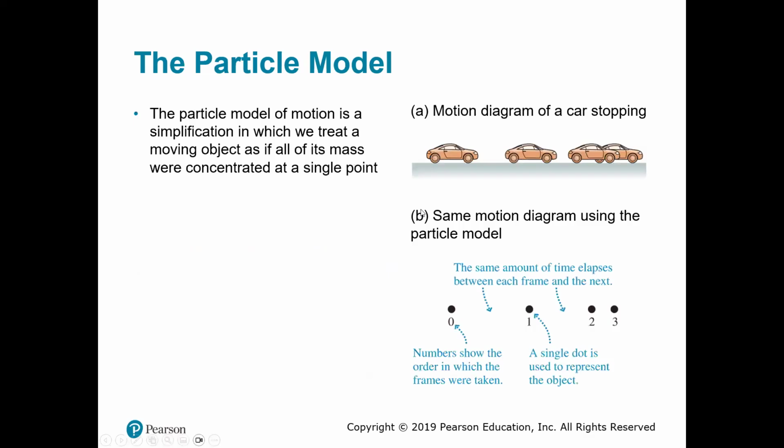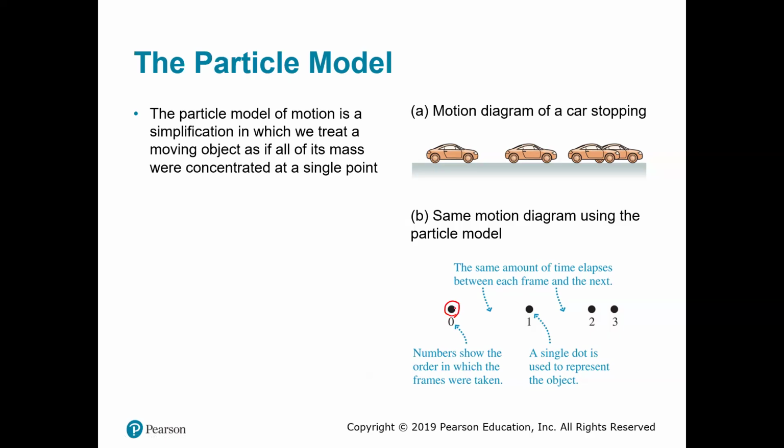And for modeling, we have a particle model. Even though they said the car is moving and the box is moving, right? But you can assume, instead of drawing the whole car, you can just have a dot, right? Which is a particle here, as you can see in picture B, right? Sometimes you have a black dot here, right?